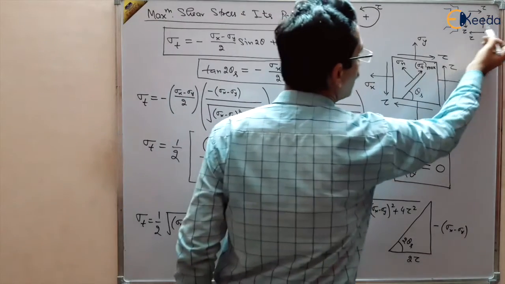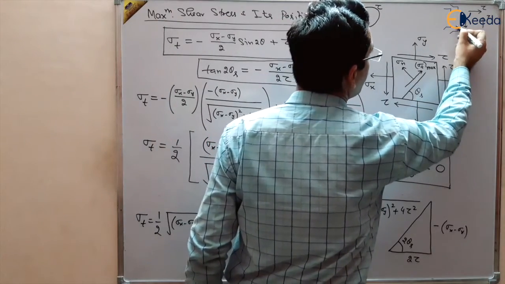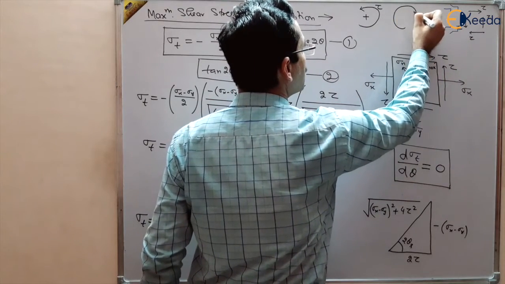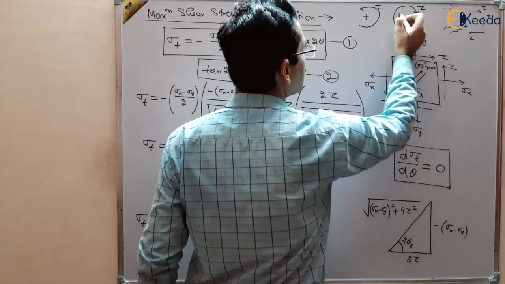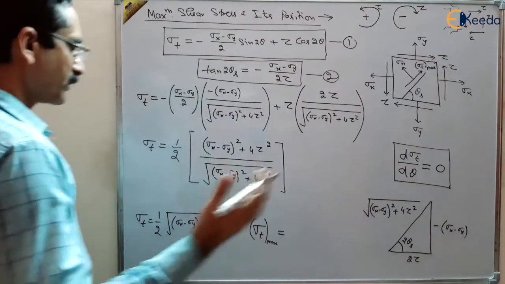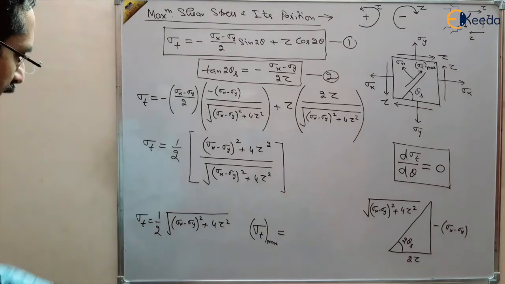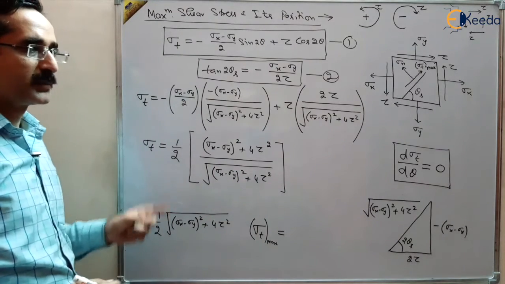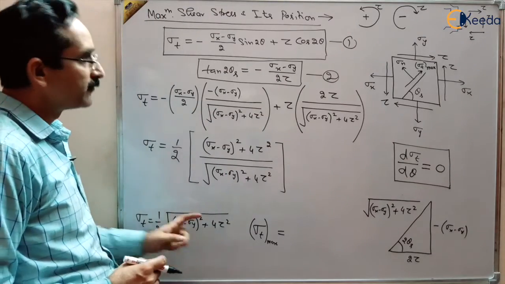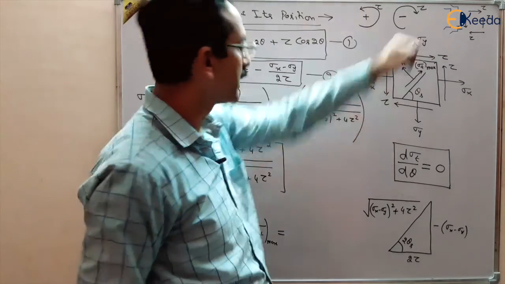Two couples are there, tau and tau, and the couple which is making clockwise rotation, that shear stress is negative. This is our sign convention. You can choose your own convention. So as we have used principal stresses plus and minus, here also we can use plus and minus, one for the positive couple and one for the negative couple.